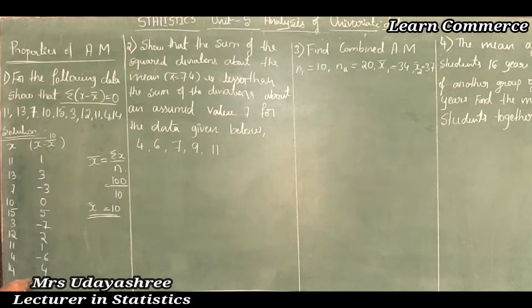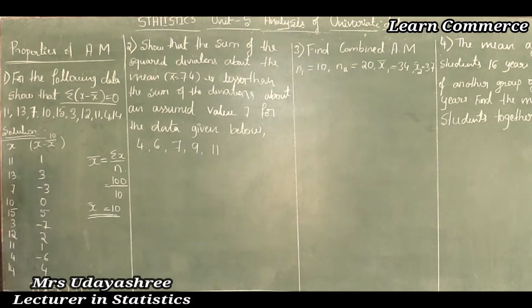Now we need to show the sum of x minus x bar. So the sum of x minus x bar is 1 plus 3 minus 3 plus 1 plus 3 minus 3 plus 0 plus 5 minus 7 plus 2 plus 1 minus 6 plus 4, which is 0.